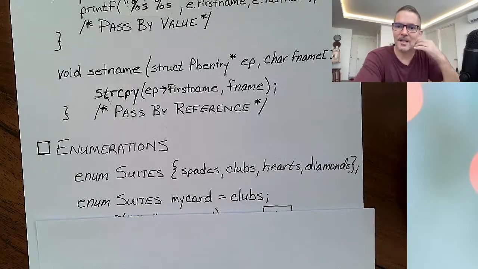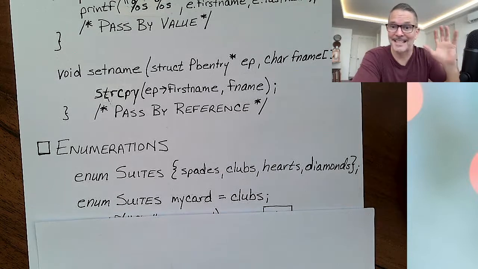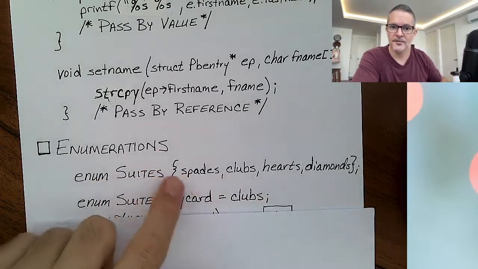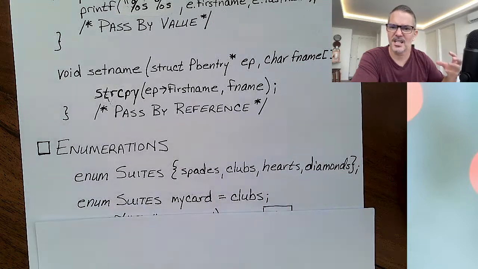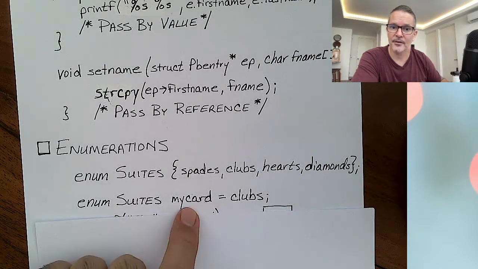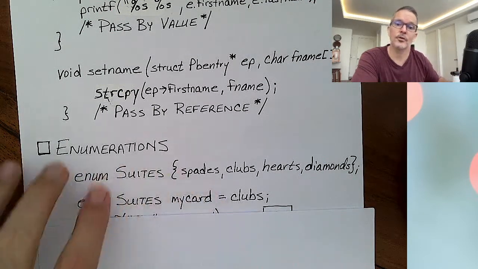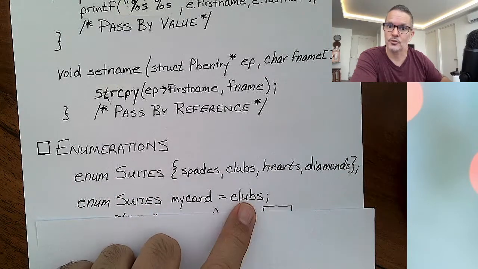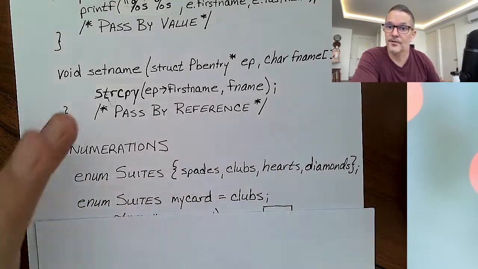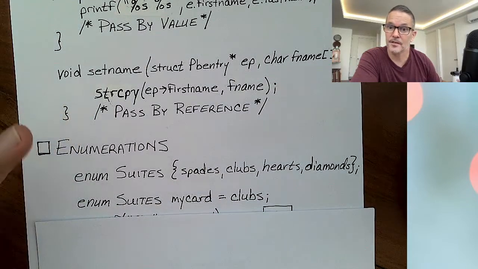Behind the scenes, the compiler is treating these as integers. So each of these special named identifiers have a value, and you're setting that value into your variable. But inside your code, you're not writing integers, you're using these special keywords that you've defined, which are the values of the enumeration type.